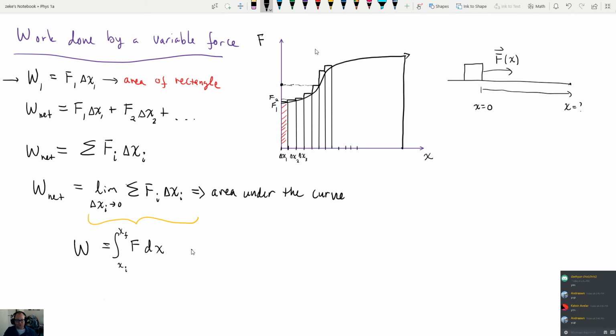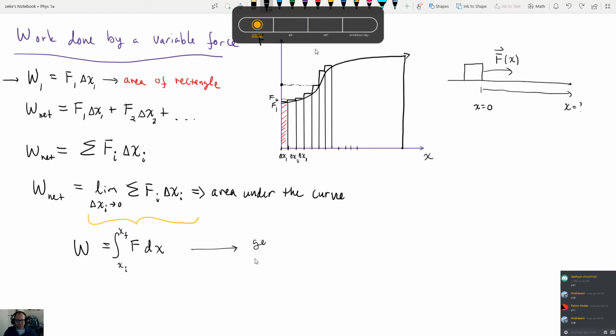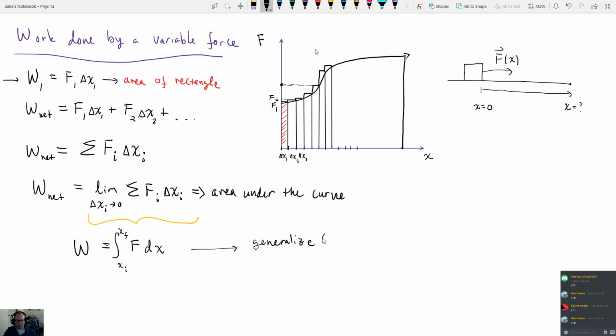Now, we can generalize this to motion in more than one dimension. The work done is now going to be equal to the integral.